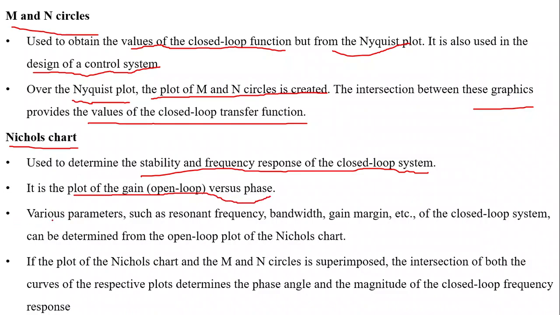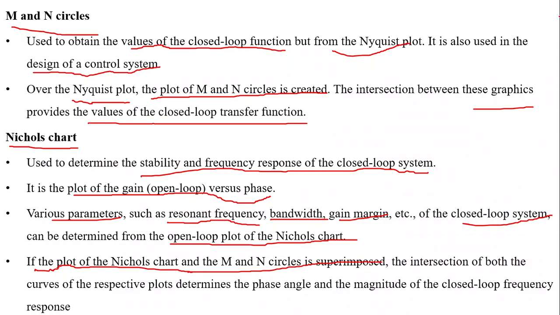In addition, various parameters such as the frequency domain specifications, resonant frequency, bandwidth, gain margin, etc. of the closed loop system can be determined from the open loop plot of the Nichols chart. One more important point is that if the Nichols chart and the M and N circles are superimposed, the intersection of the two curves determines the phase angle and the magnitude of the closed loop frequency response. So these are all about the frequency response plots.